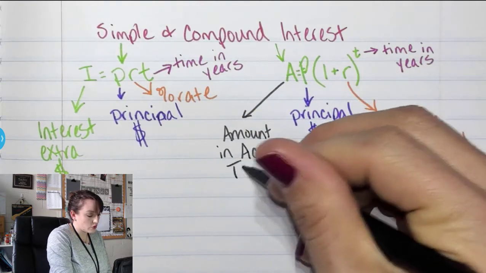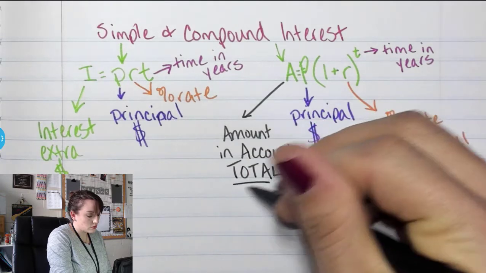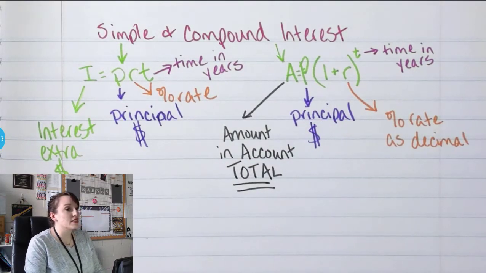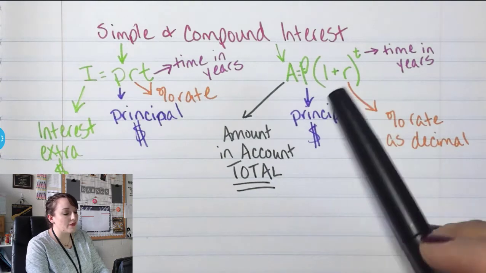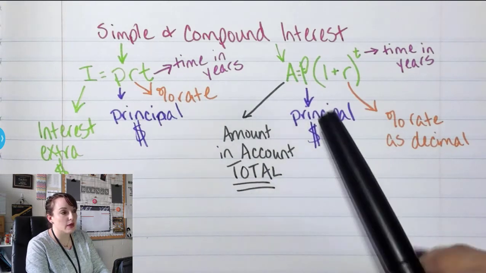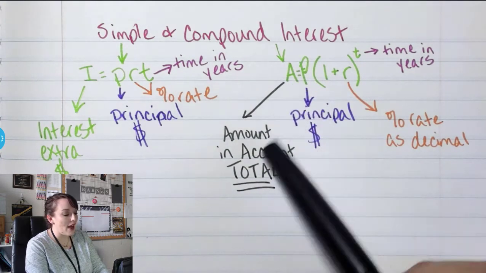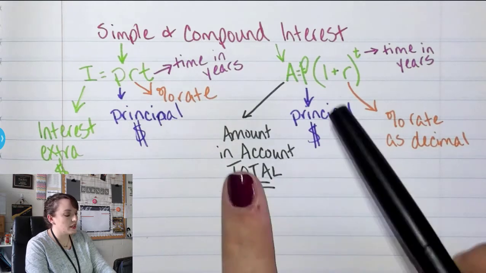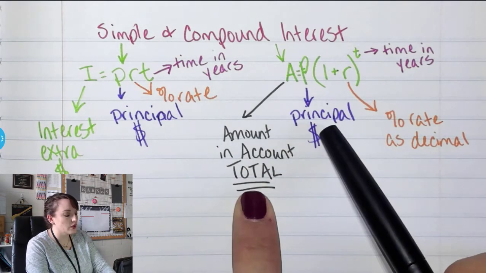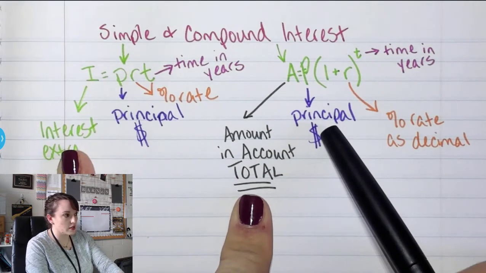This is the total. So if it asks for the interest, you have to think, okay, I put in this much money. Now I have this much money. The difference between the two is the interest that you earned.